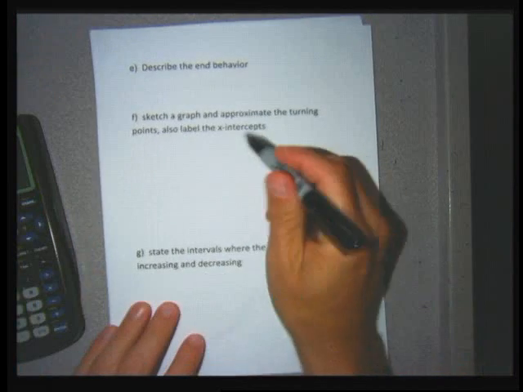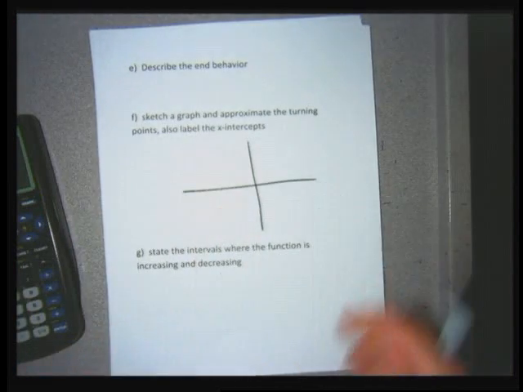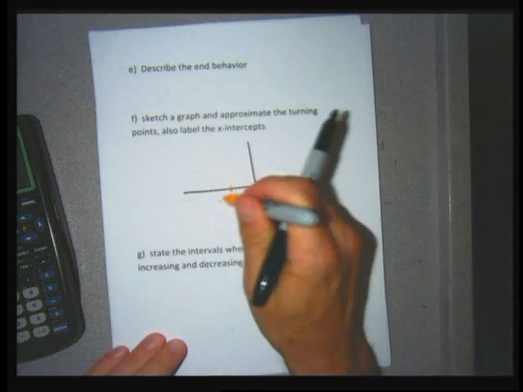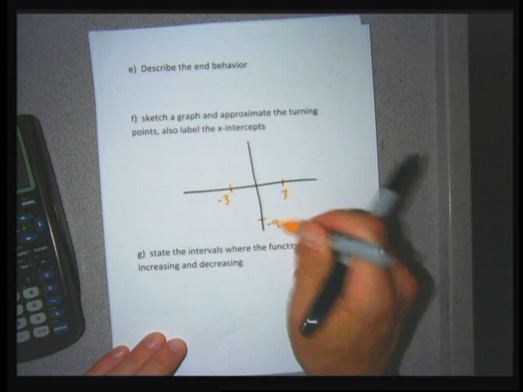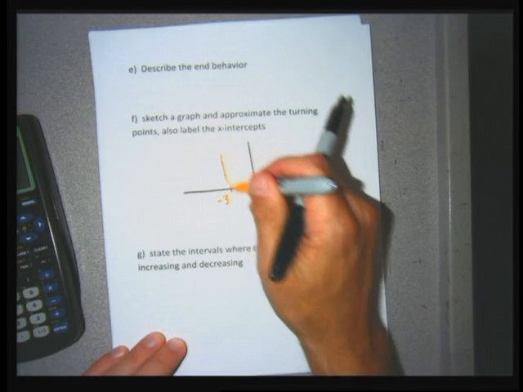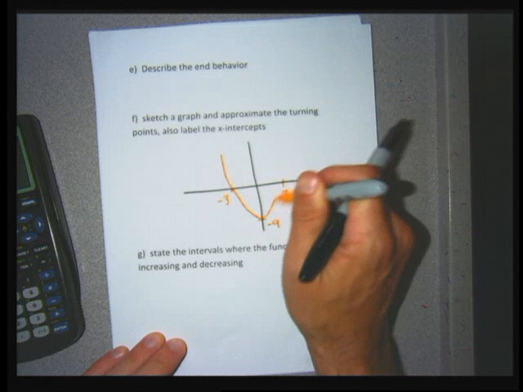So the graph looks more or less like this. At (-3, 0) and at (3, 0), the graph crosses the x-axis. It has that minimum or vertex at (0, -9).